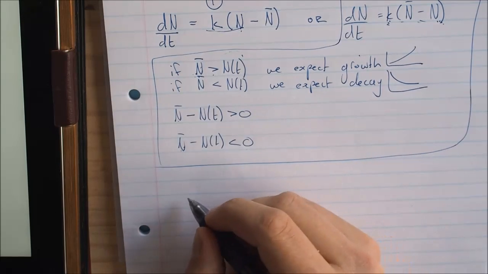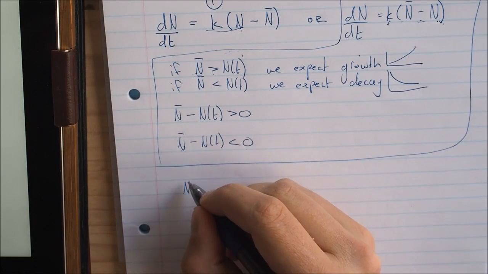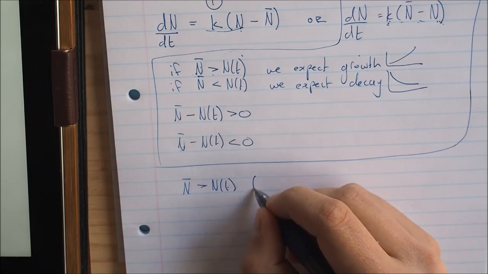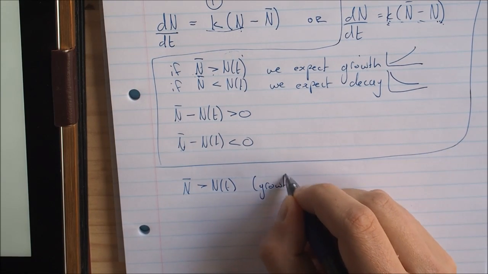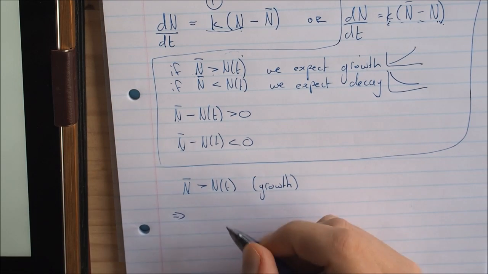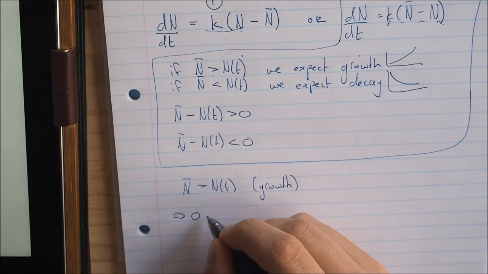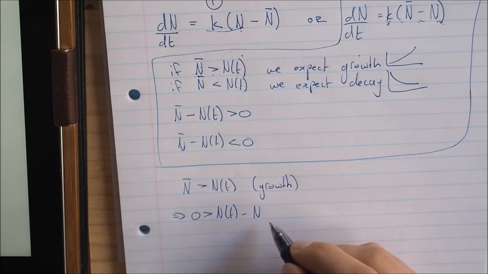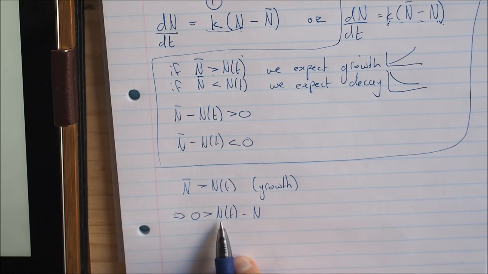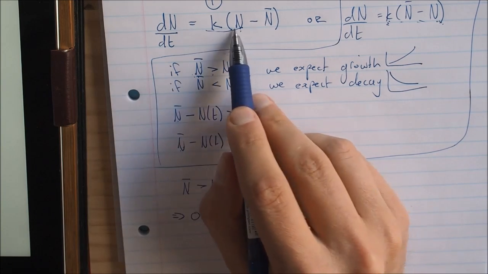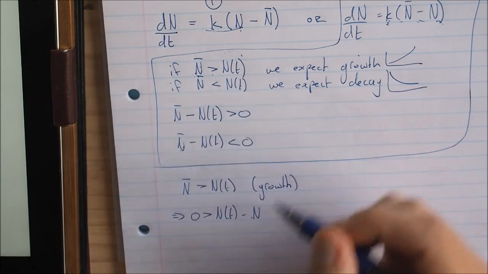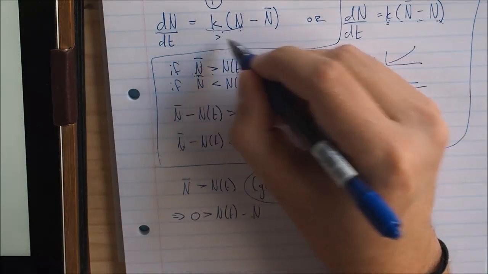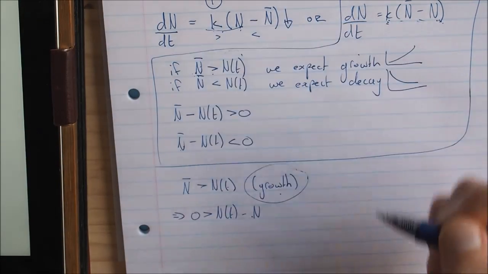In this case, if we have n bar greater than n of t, and remember we wanted this to be growth, this means that 0 is greater than n of t minus n bar, so this is negative. If this is negative and k is positive, when we want growth, model 1 is going to tell us this is positive, this is negative, so we're going to get decay.